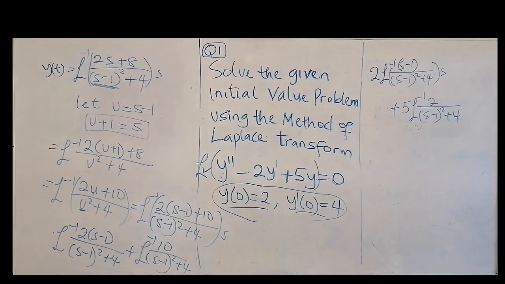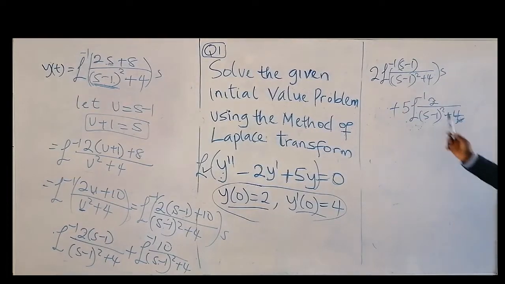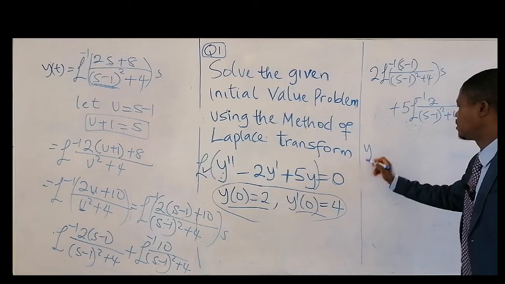Why did I do that? I just want to ensure that this 4 here is 2 squared, and I have one 2 at the numerator. That's why I split this 10 into 5 times 2 and take the 5 outside. So the final answer is this.